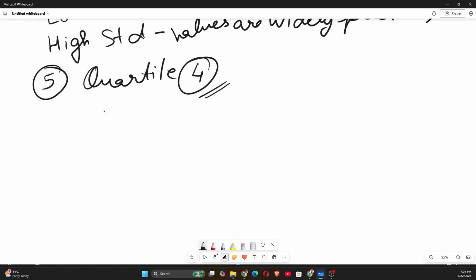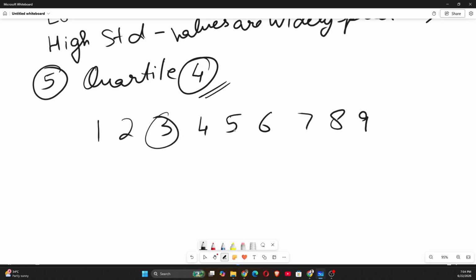Suppose the data values are 1, 2, 3, 4, 5, 6, 7, 8, 9. Okay. So quartile 1 will be 3, which is 25%. 25% of values are below 3.